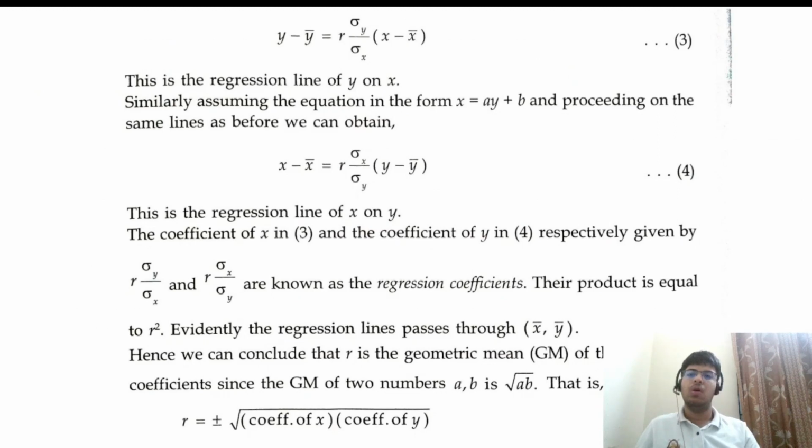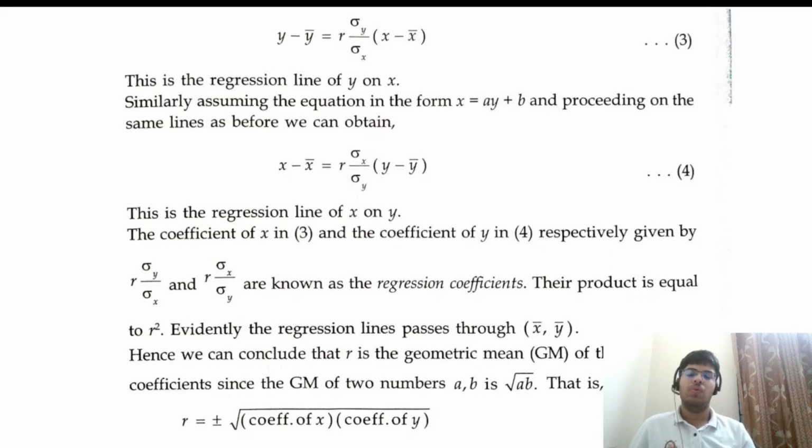Next, here we have two formulas which represent the lines of regression. The first formula represents the regression line of y on x, and the other formula, x minus x bar equal to r, shows us the regression line of x on y.